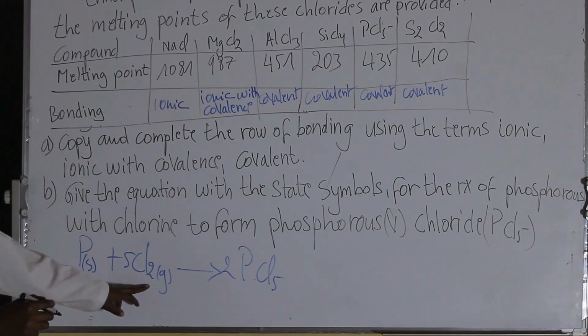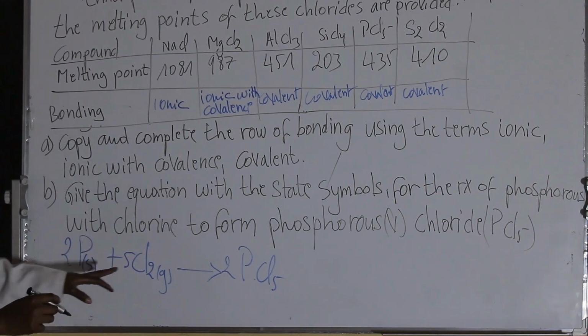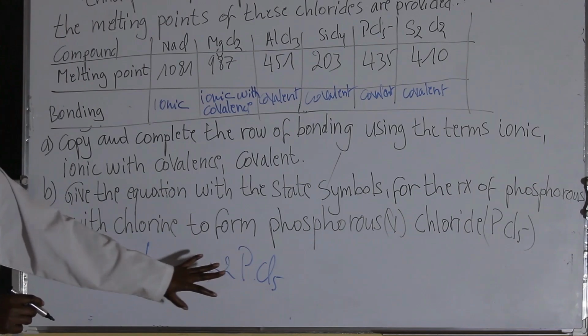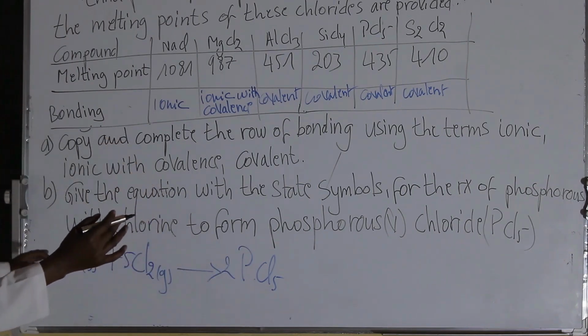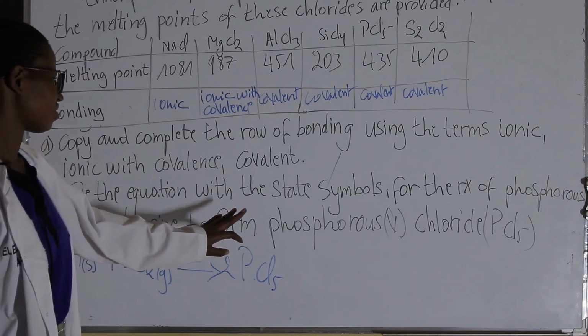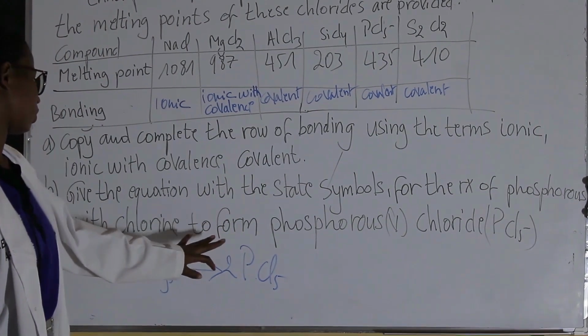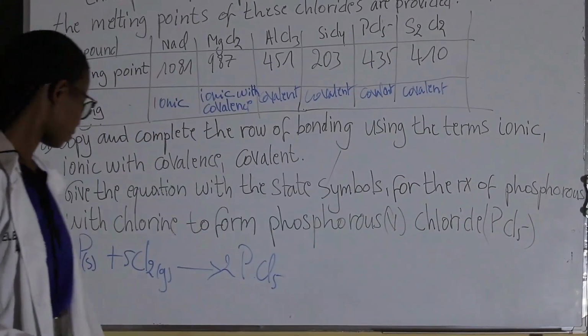This will be 10. Then we put 2 here. This should be the balanced equation of the reaction of phosphorus with chlorine to form phosphorus pentachloride.